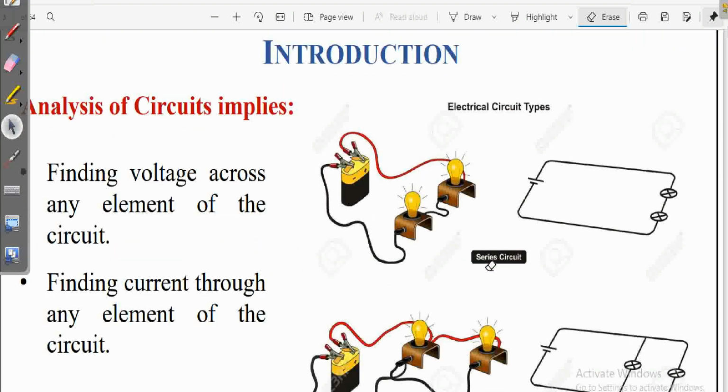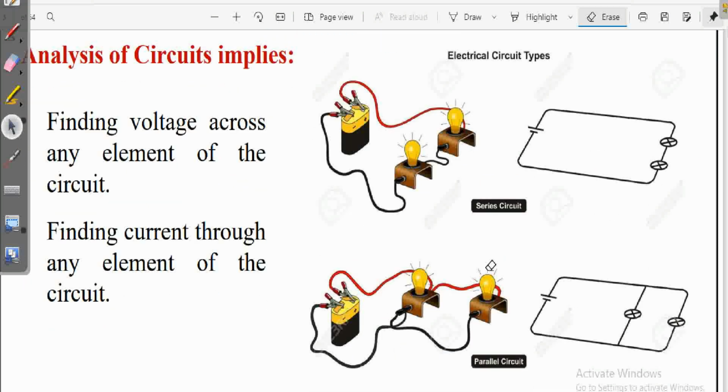What do you mean by analysis of a circuit? Here you are having two circuits, a series circuit and its equivalent representation, and a parallel circuit and its equivalent representation. What do we do when they are in series or in parallel?